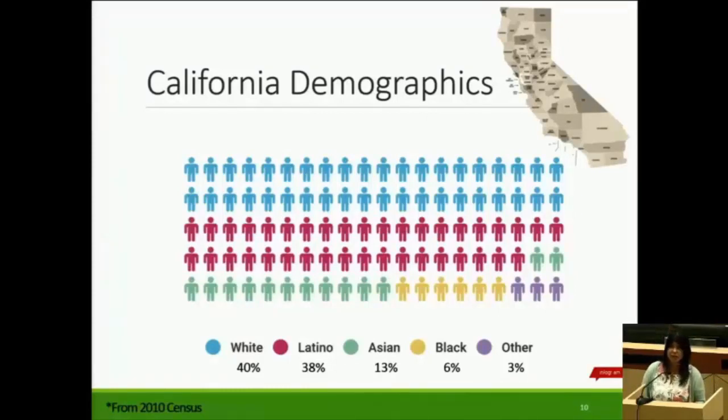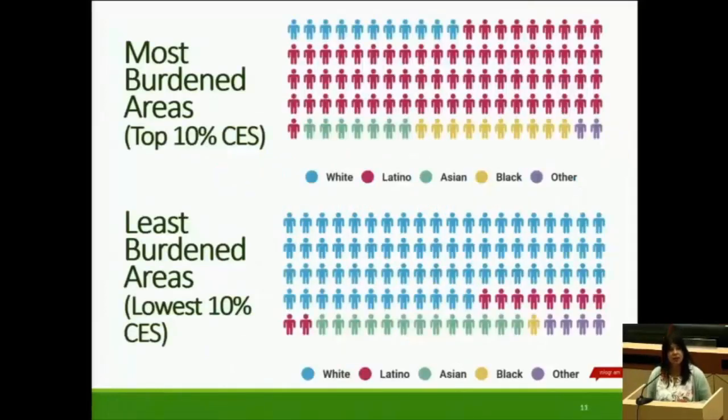California is about 40% white and 38% Latino, so almost equal populations, and in 2016 even more equal. I put up this little infographic so you can see what the state looks like. But when we look at the places we identify in CalEnviroScreen as the most burdened areas, I'm going to refer to those as the highest 10% scoring places.